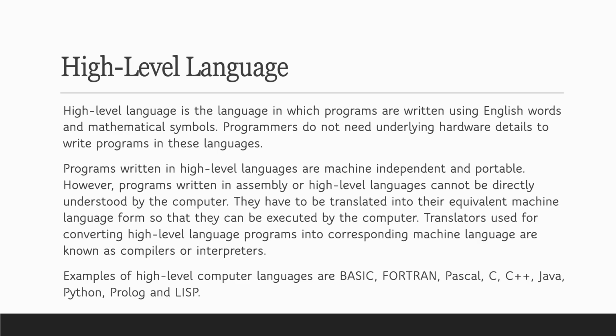Today, these languages power everything from mobile apps to artificial intelligence. So, high level languages act like a bridge, making it easier for humans to talk to computers and for computers to follow our instructions.